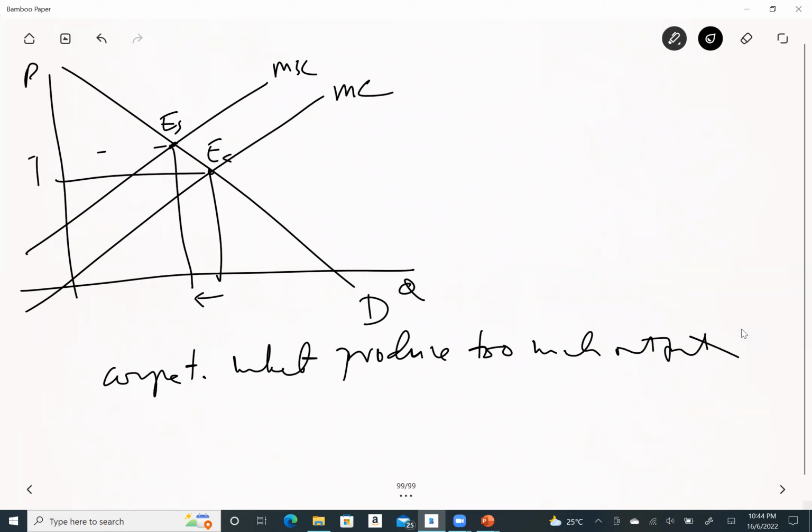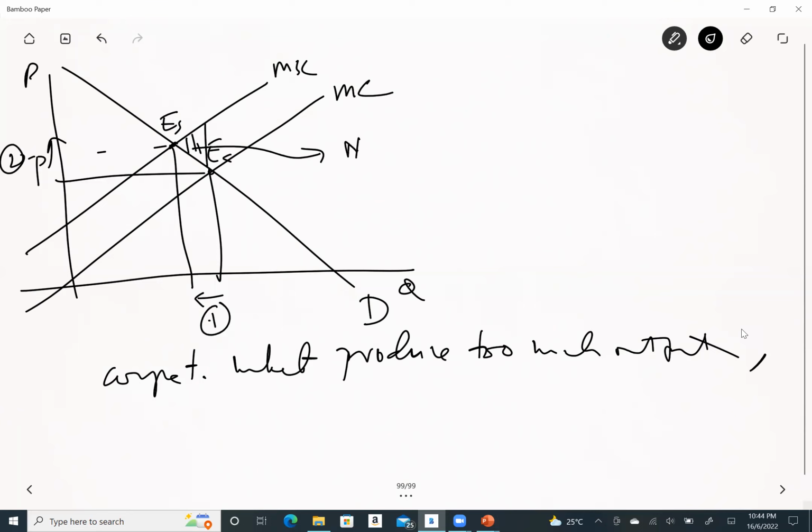I didn't label the graph, so you go home and label it because I don't have time. So here, one, quantity decreases. Number two, price increases. And there is what?